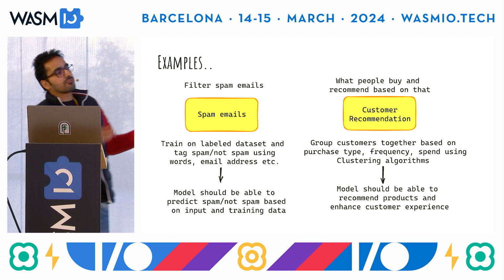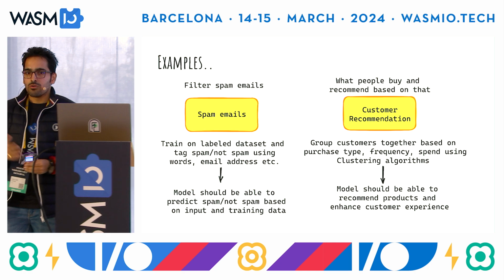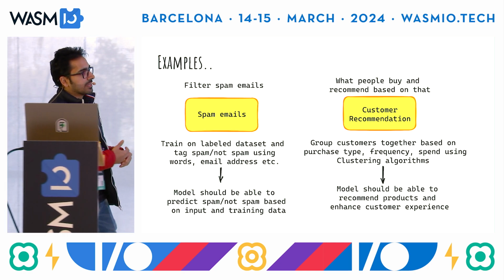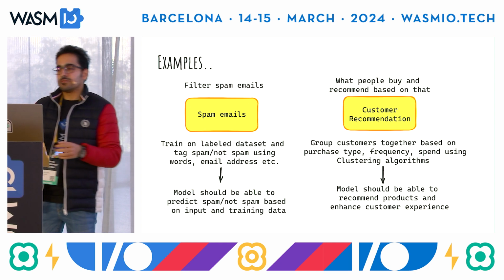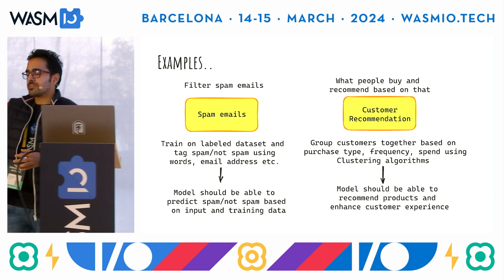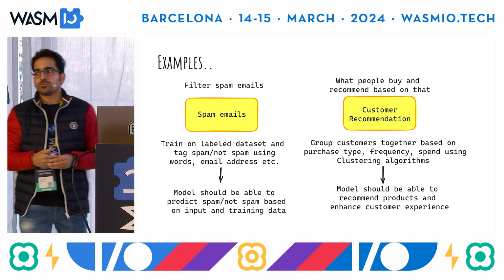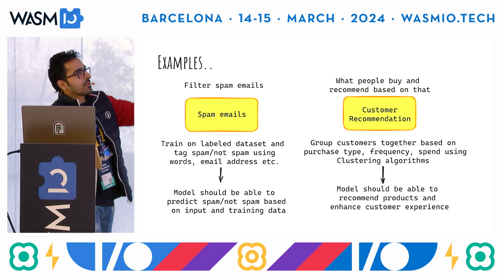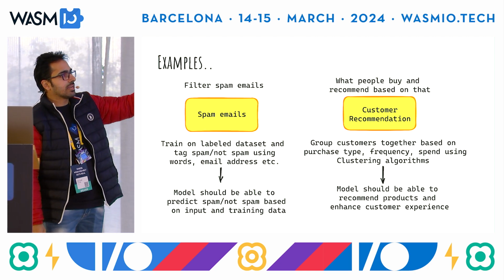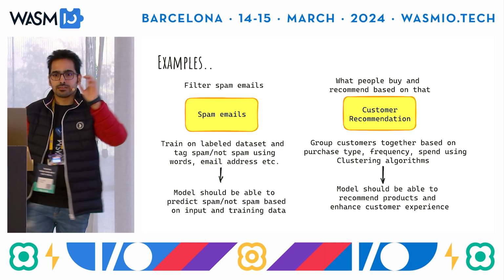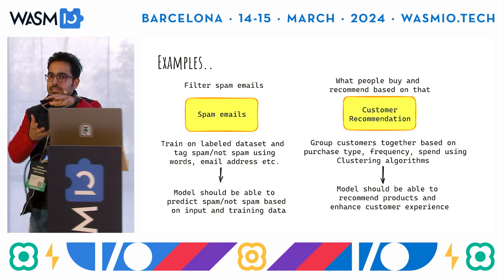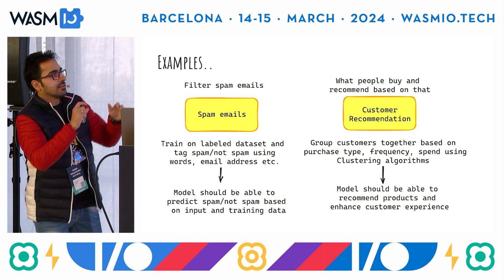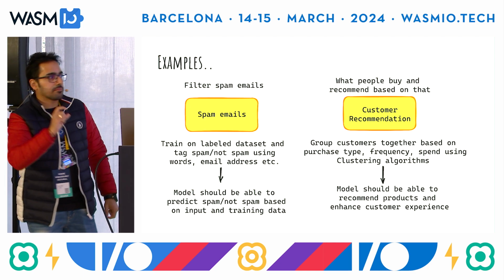Maybe it's clearer from the examples. We all know about the spam emails we get every now and then. When you get an email in your inbox, some of the emails automatically go into your spam folder. That is basically training on a labeled data set, tagging whether a particular email is spam or not based on a lot of data, like the words and the email addresses that are being used.